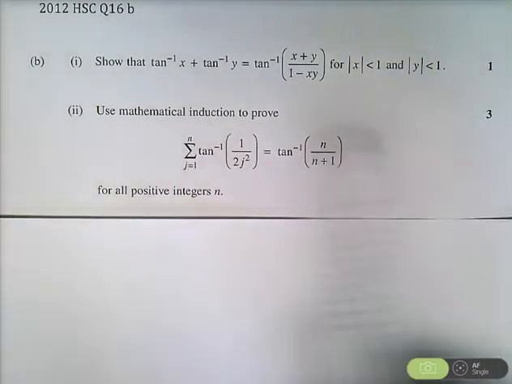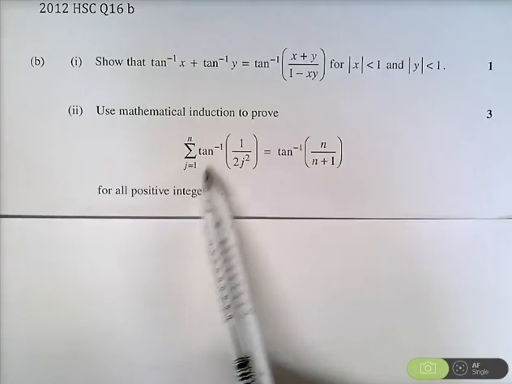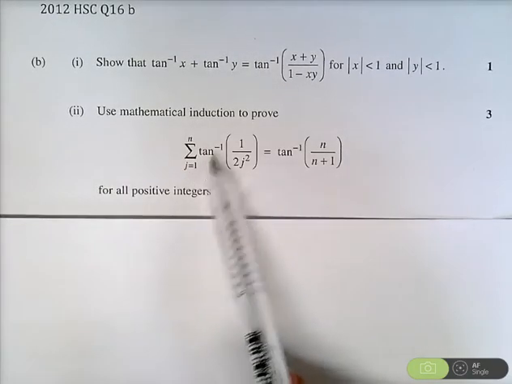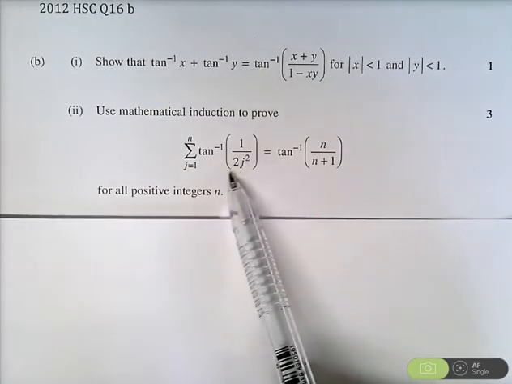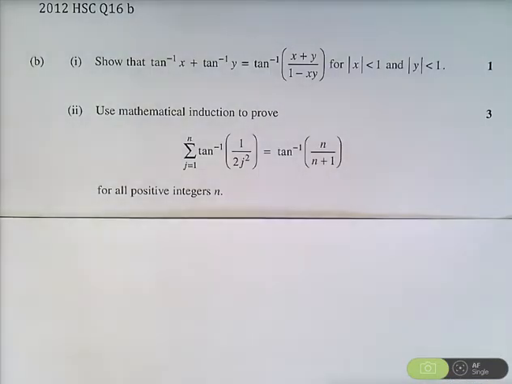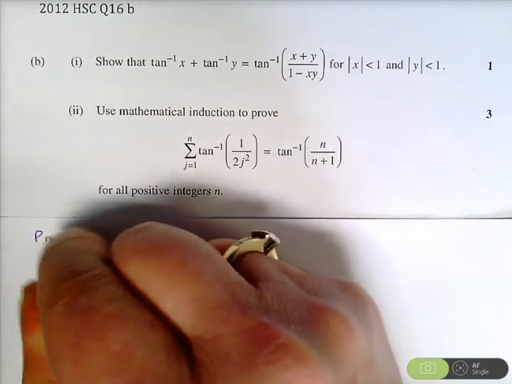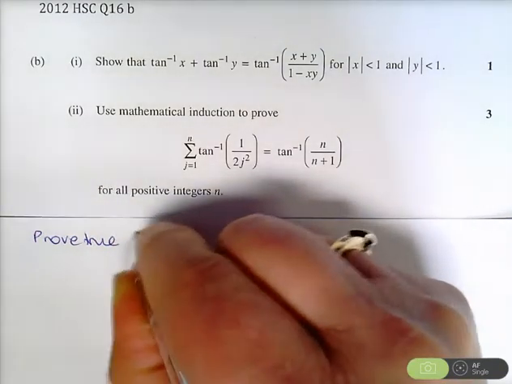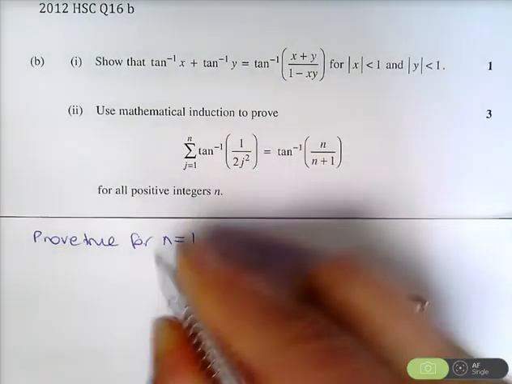Now for part 2, use mathematical induction to prove that the sum from j equals 1 to n of inverse tan of 1 over 2j squared equals the inverse tan of n over n plus 1. Okay, prove true. So step 1, prove true for n equals 1.